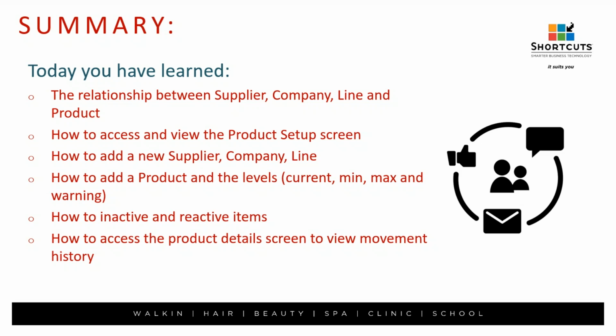So you need to have this as the foundation for us to build on when you're ready to do more advanced features. So you should now know the relationship between your suppliers, companies, and lines, how to set up all of those specific things, how to track them, how to work with your levels, how to inactivate them, and how to get into your option screen, your detail screen.